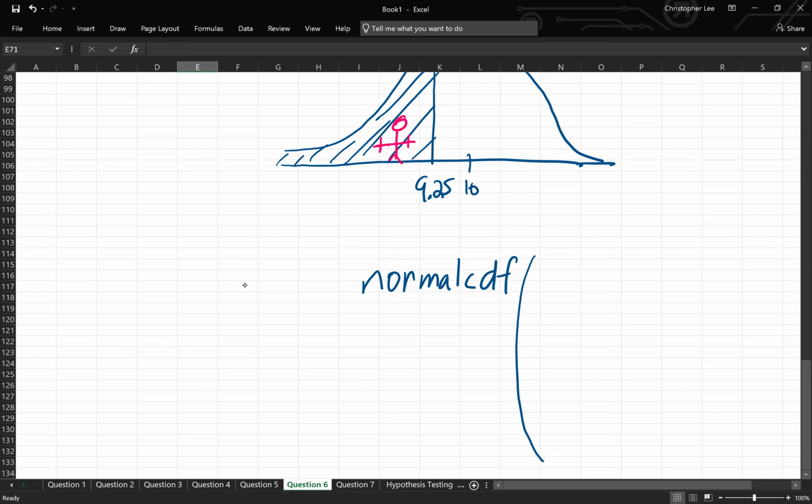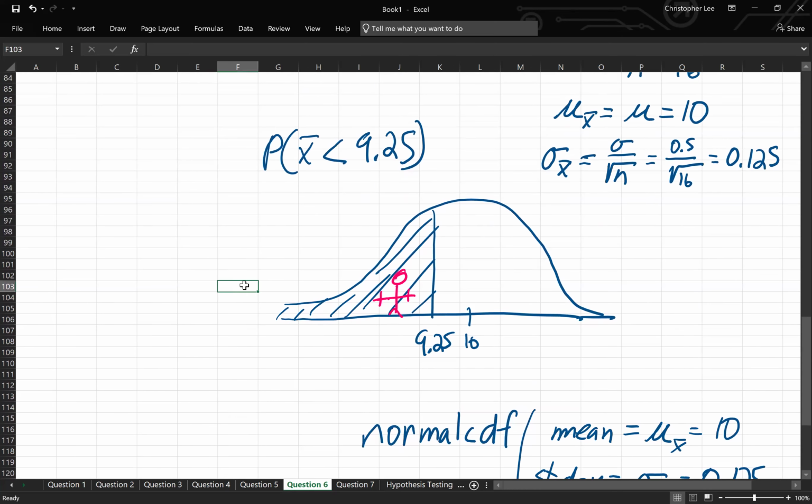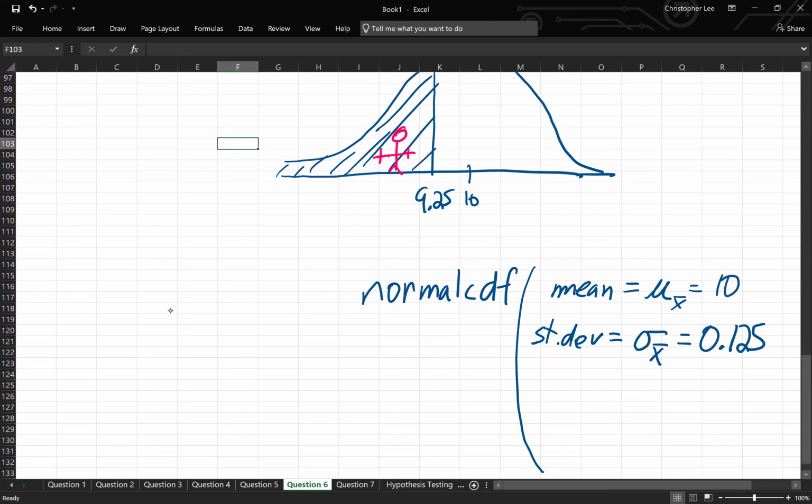I'm sorry. I keep getting that confused. So they're going to ask you for the mean. Remember, our mean is now the mean for the X bar distribution, which is 10. Our standard deviation is now the standard deviation for the X bar distribution, which is the 0.125 that we found above. And then our lower bound is what?